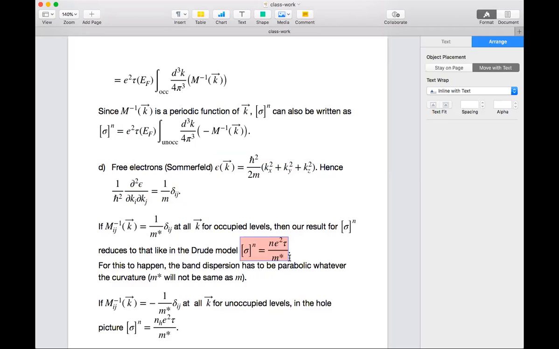And there is also something to remember, that this M star is a result of the band structure. So this M in the solid need not be equal to the free electron mass. It could be somewhat different.